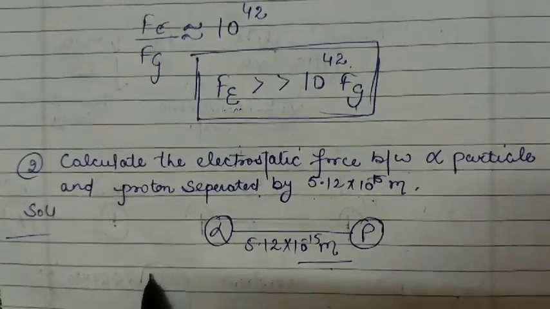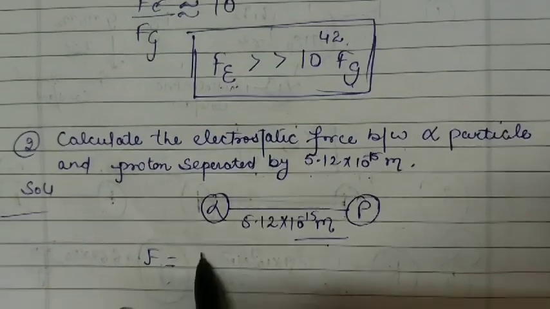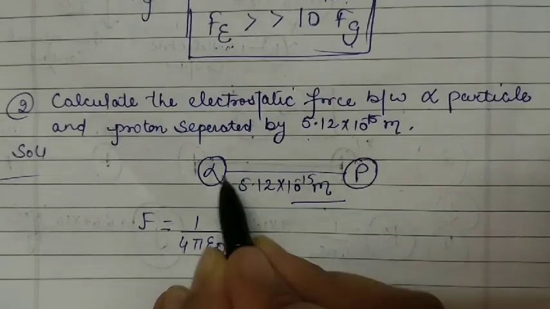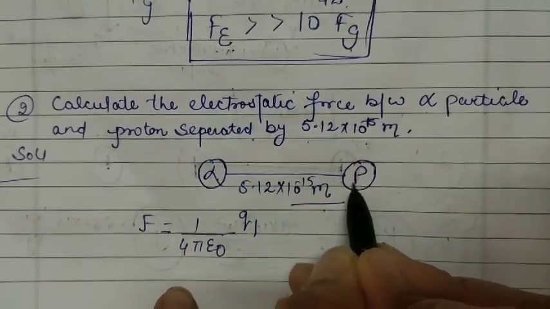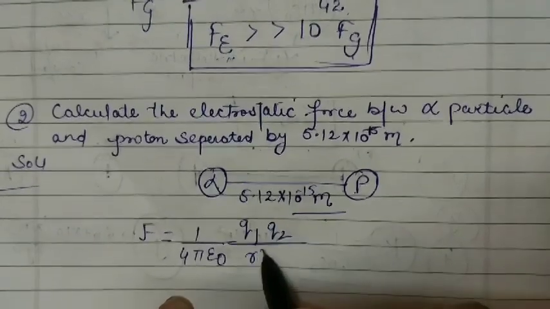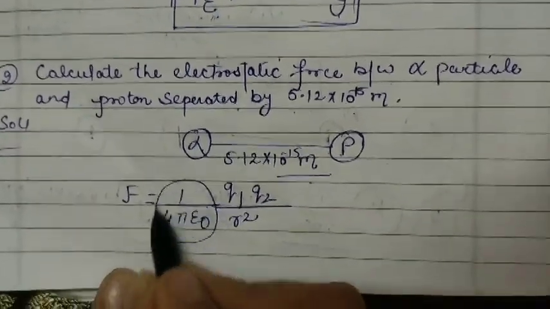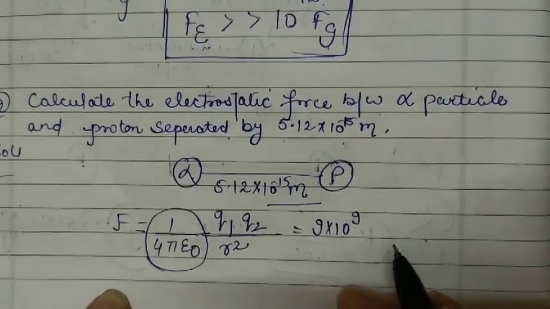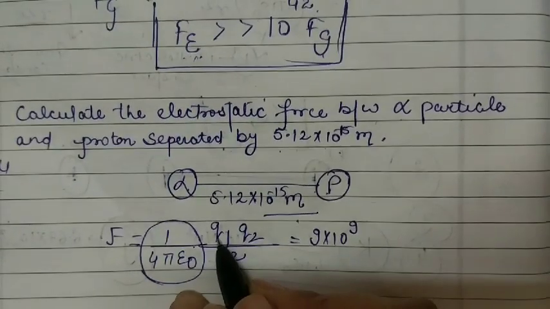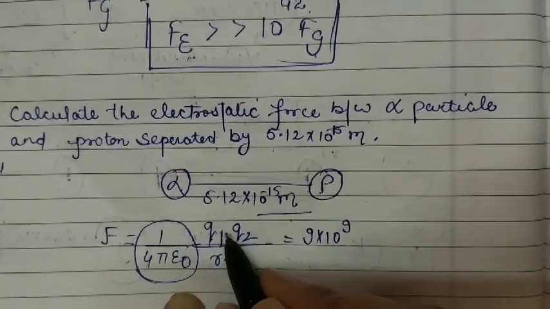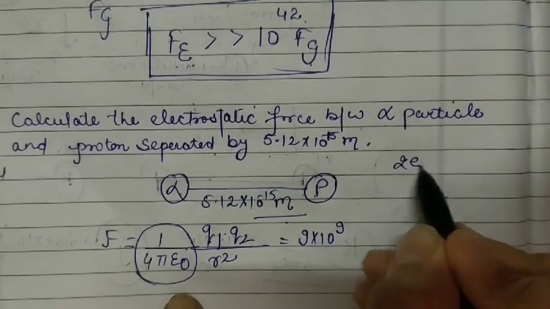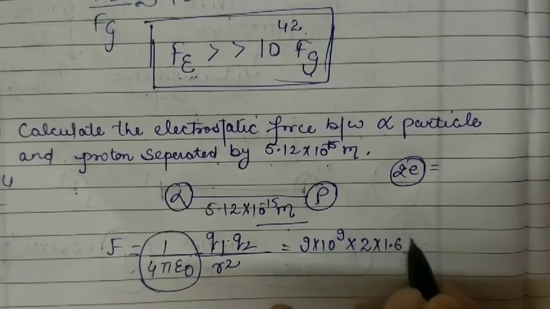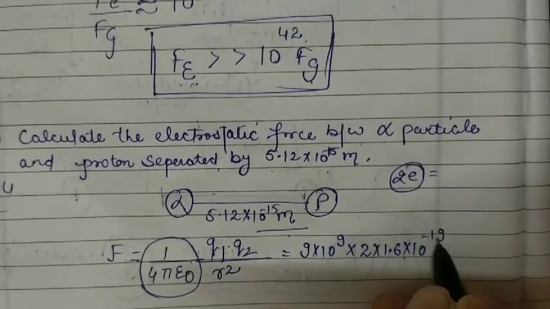So here we will apply the formula: electrostatic force is equal to 1 upon 4 pi E naught Q1 Q2, meaning the charge on the alpha particle and the charge on the proton, divided by R square. 1 upon 4 pi E naught is 9 into 10 raised to power 9 Newton meter square per Coulomb square. The charge on an alpha particle means 2 electrons, 2 into 1.6 into 10 raised to power minus 19.